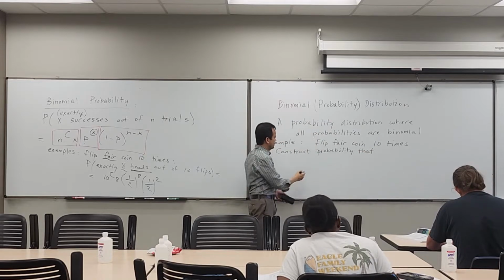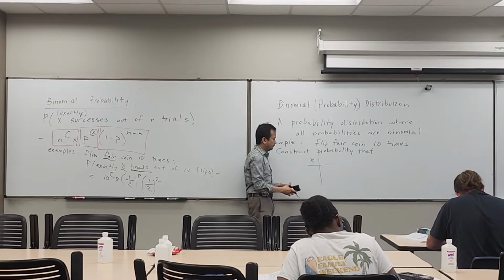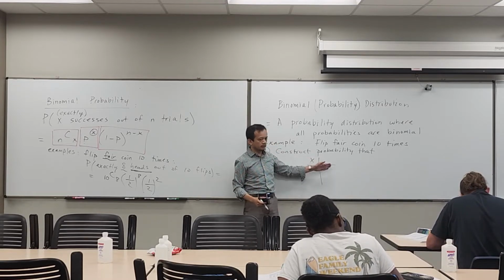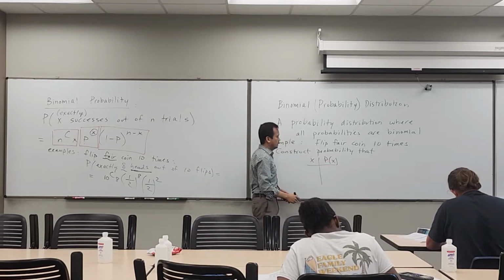You remember a probability distribution you can represent as a table with two columns. One is all values of a certain variable x that you're keeping track of, and then the other column is the probability of each of those values.